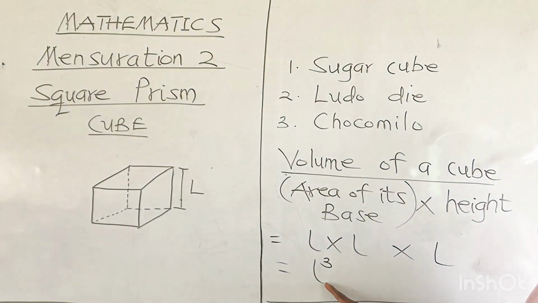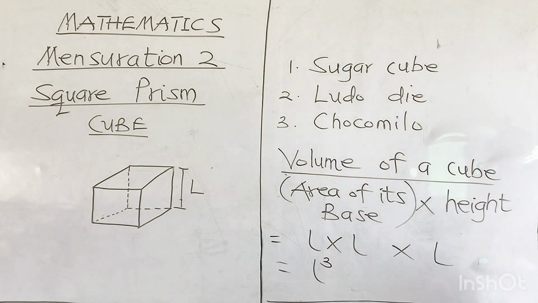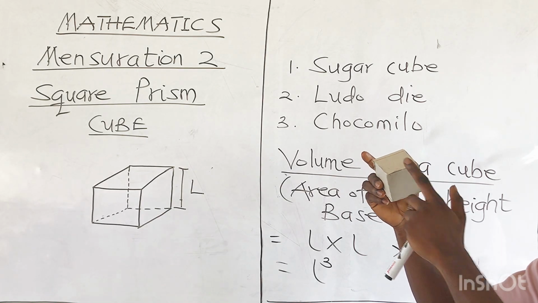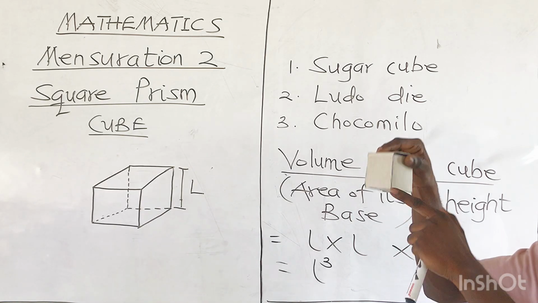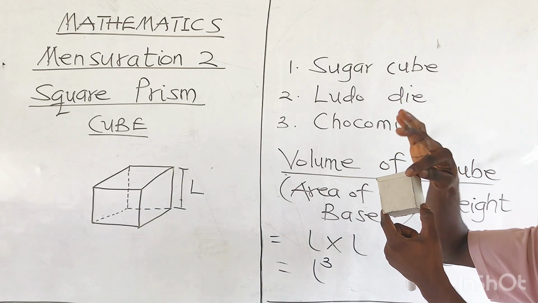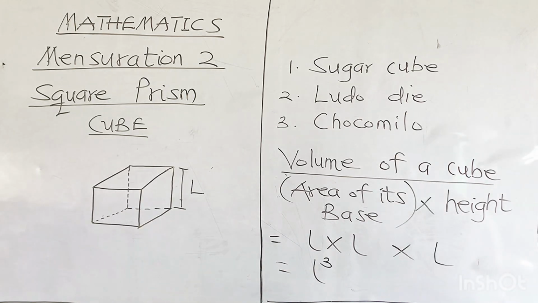So L cube is the volume of a cube because the base is in the form of a square, length times length, and its height, which is a three-dimensional figure, is also L. So it's going to be L times L times L, and we have L cube.